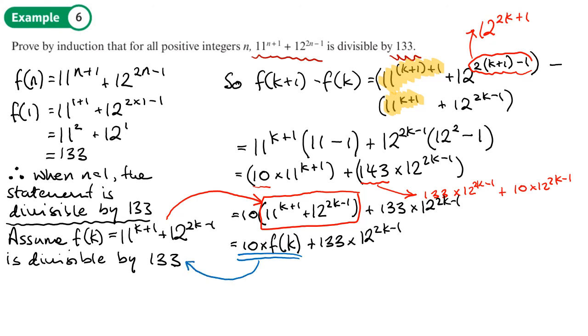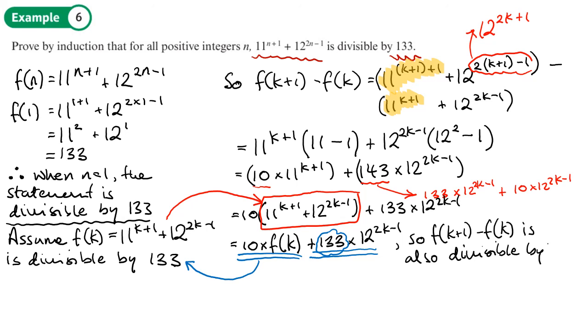Now if we assume that bit is divisible by 133, then the next bit here should be divisible by 133 because you've got 133 lots of something. So because of our assumption, we've now got a statement here where we can say f of k plus 1 minus f of k is also divisible by 133.